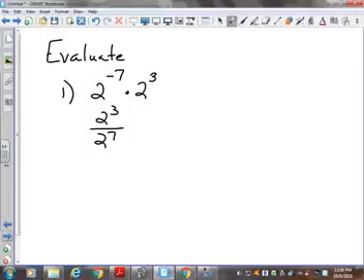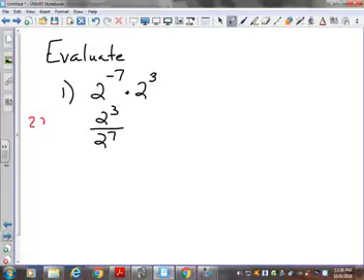Then I got a couple other things I can do. I could work each one of these individually to see kind of what they come out. Or I could say, well, if I have 3 2's on the top and I have 7 2's on the bottom, what's going to happen? A few 2's are going to cancel out, right? Think about that.